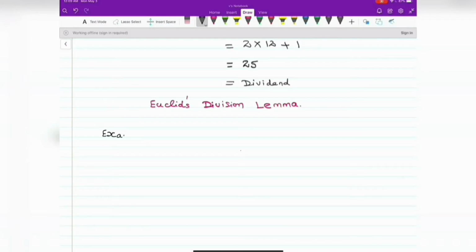Example 1. Divide 2x square plus 3x plus 1 by x plus 2.